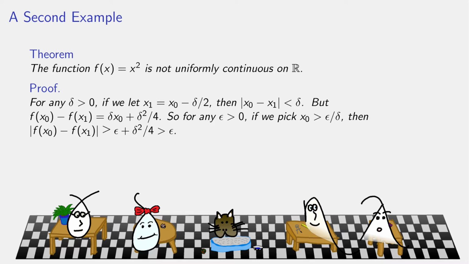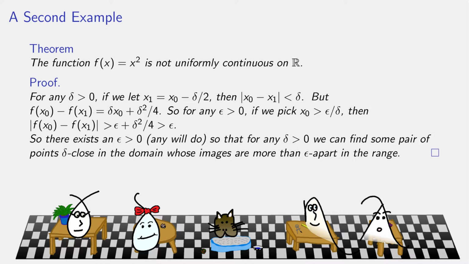So the distance between f of x0 and f of x1 is larger than epsilon plus delta squared over 4. It's larger than epsilon, since delta squared is definitely positive. So regardless of epsilon and regardless of delta, I can find two points, x0 and x1, whose distance is less than delta, but whose distance in the range is bigger than epsilon.